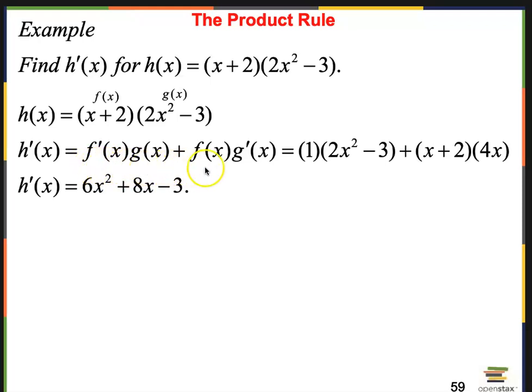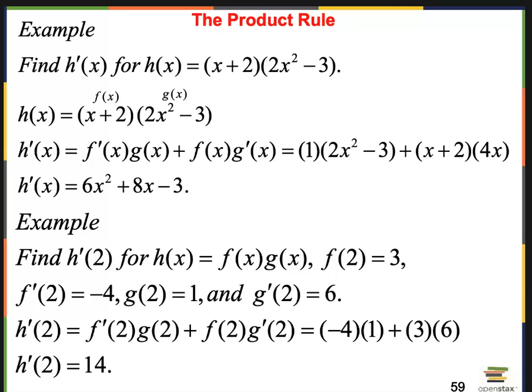So f prime of x is 1, and then g of x is 2x squared minus 3, plus x plus 2, my f of x function, times the derivative of g of x, which is 4x. And then we can simplify this into 6x squared plus 8x minus 3.